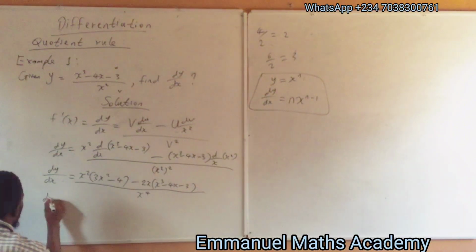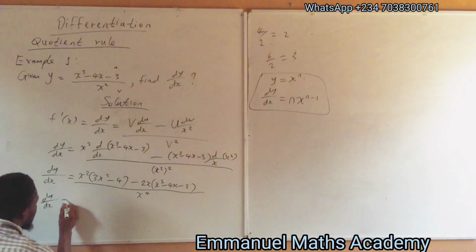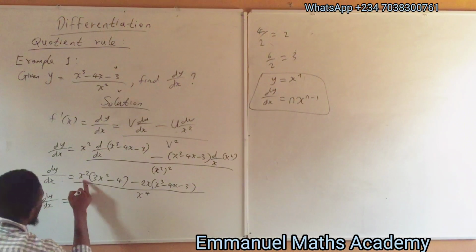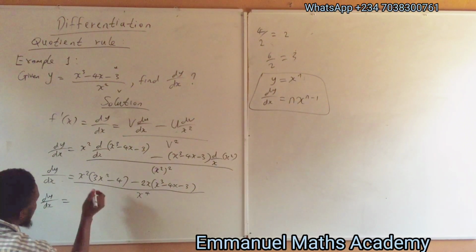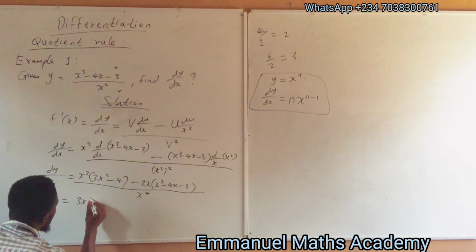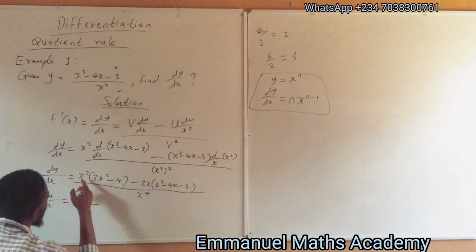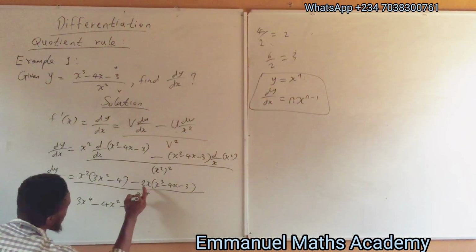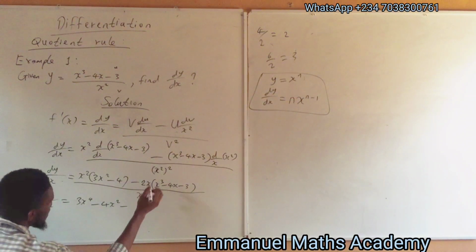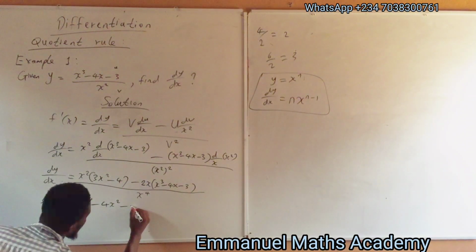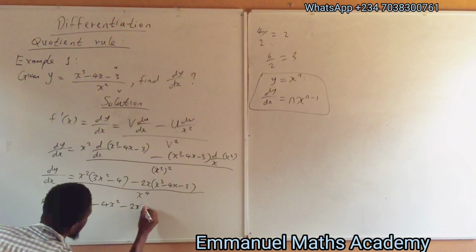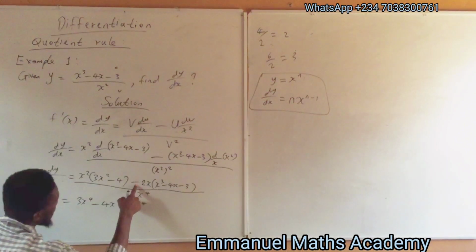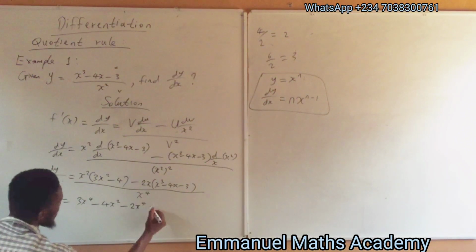You get what? That your dy dx is equal to x squared multiplied by 3x squared. You have 3x raised to power 4 minus 4 times x squared. You have minus 4x squared, minus 2 times x cubed, you have 2x raised to power 4, minus this minus will give you plus, right?